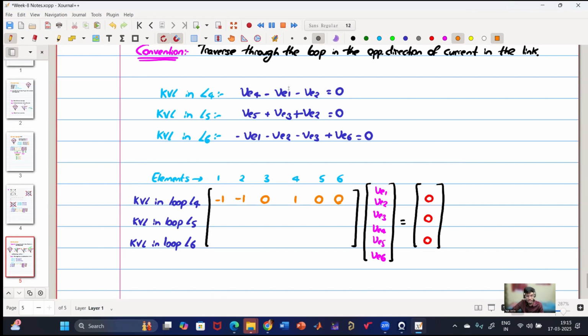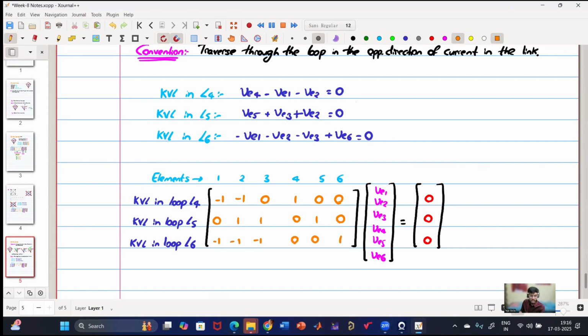Maybe Parvatam Vijay. 0, 1, 0, 1, 0, 1, 1, 0, 1, 0. And then loop L6, maybe Nandini. -1, -1, -1, 0, 0, 1. Very good. -1, -1, -1, 0, 0, 1.